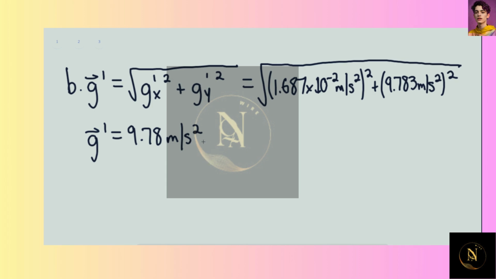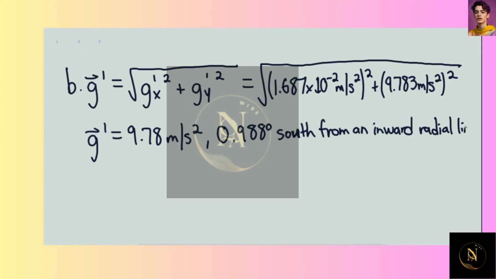Again, this would be the magnitude, and then it would be 0.988 degrees south from an inward radial line. This would be our full answer for part B.